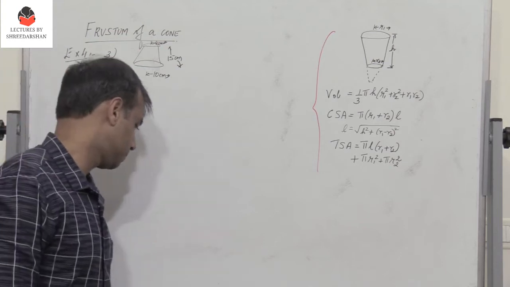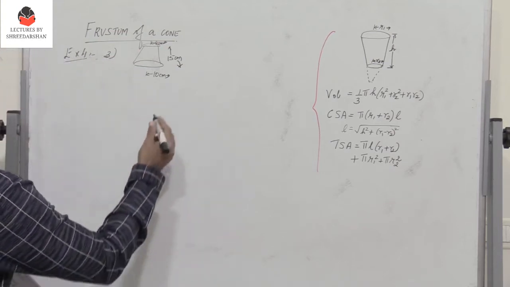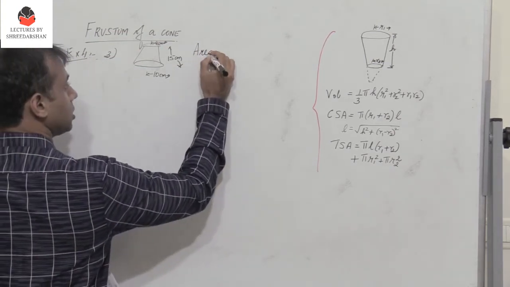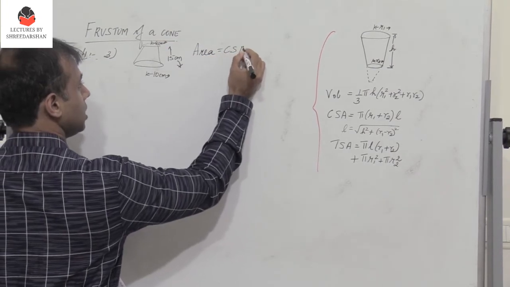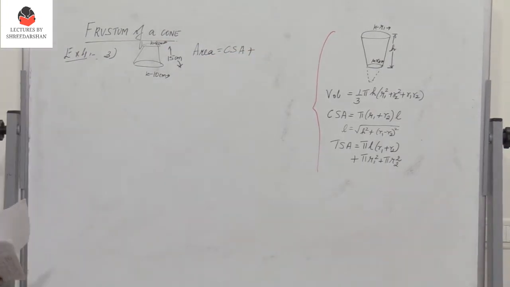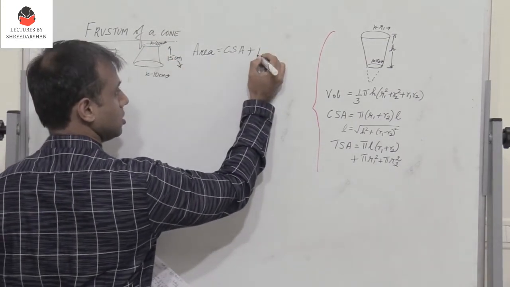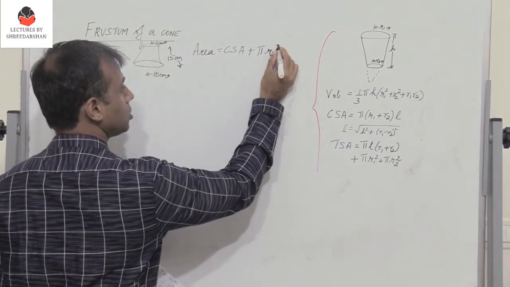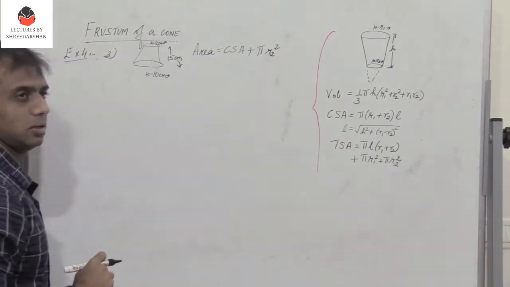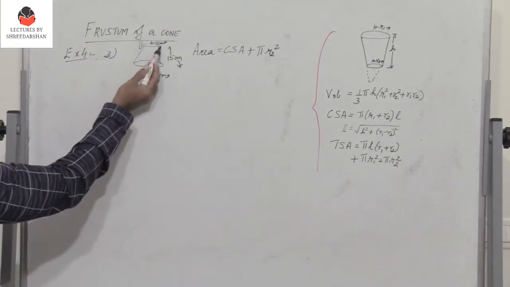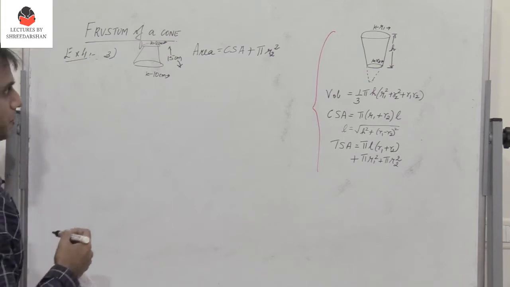So therefore the area is nothing but the curved surface area plus the area of the upper base, which is a circle, pi r2 square, where r2 is the radius of the smaller circle here.